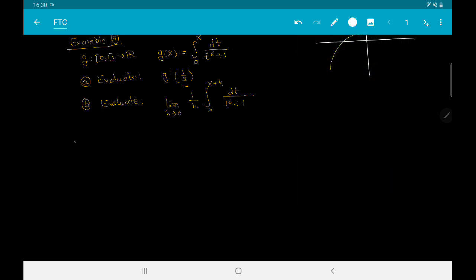So first we look at this function f of t. f of t is given by 1 by t to the power 6 plus 1. This is also defined on the interval [0,1], so no problem about that. This function is well defined, and furthermore we see that this function is integrable.